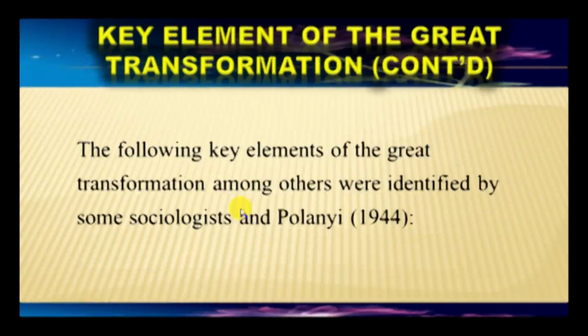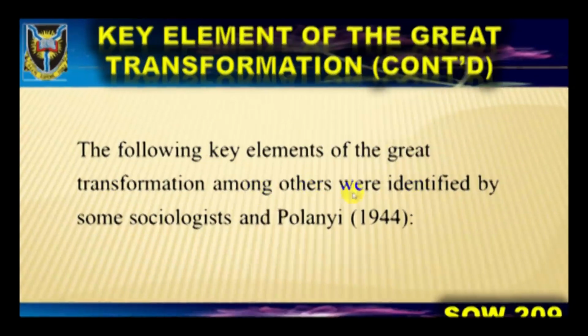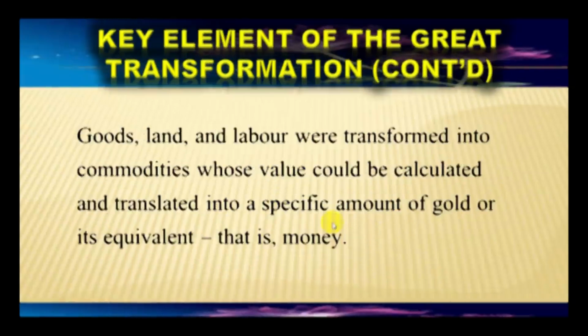The following key elements of the Great Transformation, among others, were identified by some sociologists and Polanyi in 1944. 1.